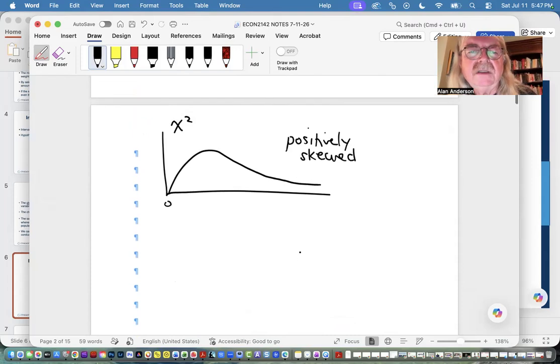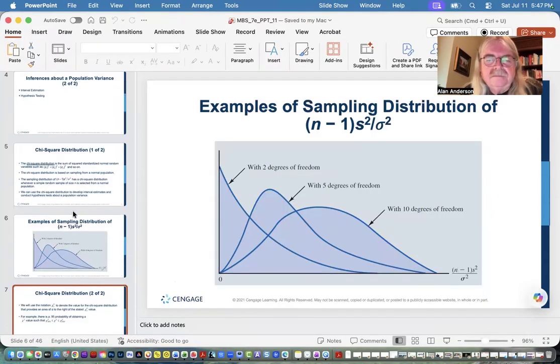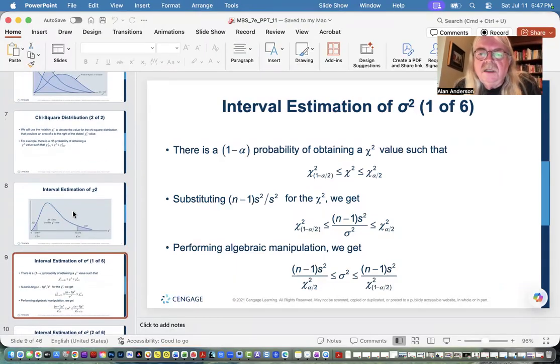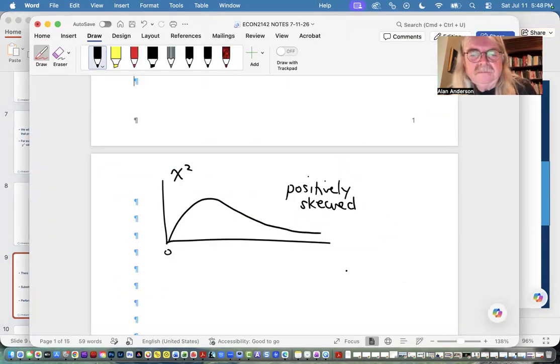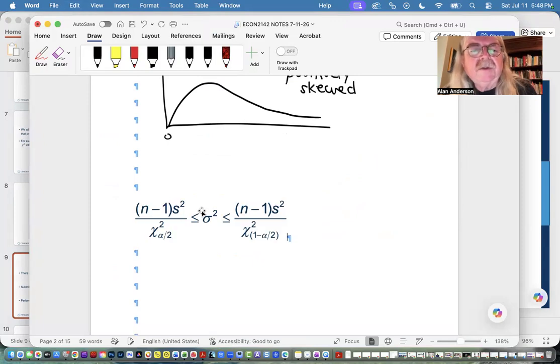Right. So anyway, with all that being said, what we're going to do is two things: confidence intervals and hypothesis testing. So here they're deriving the confidence interval for the variance of a population. All right, now here's something we do have to get used to.